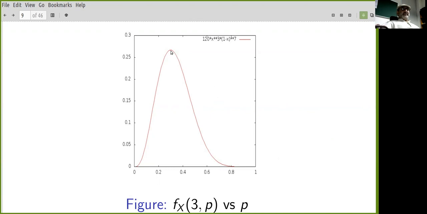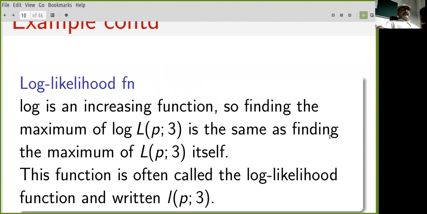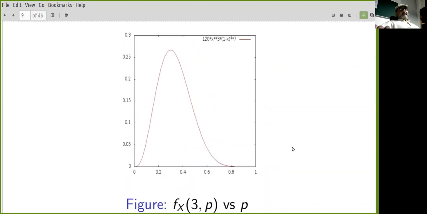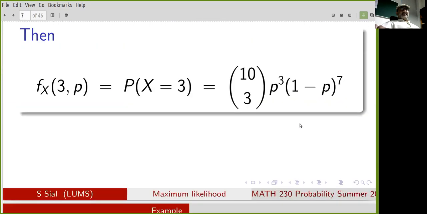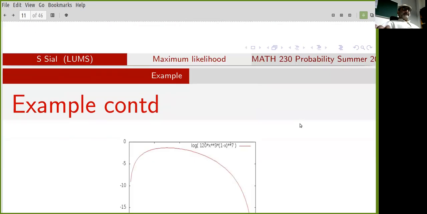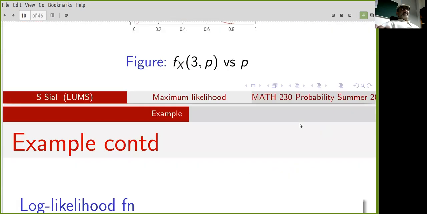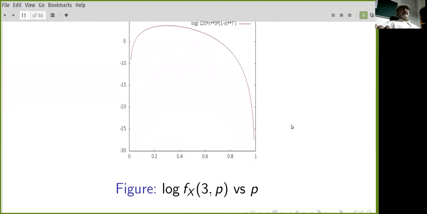Notice that there's a peak. This is a positive function, and all our probabilities are supposed to be positive anyway. So we can take its logarithm.